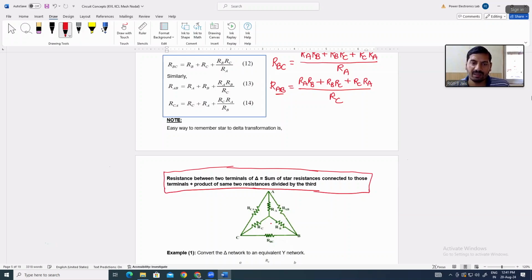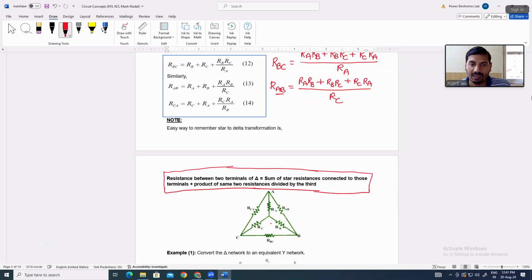Like the previous diagram, if we have a star connected network given, if we have RA, RB and RC given, we can find out the value of RAB, RBC and RCA.